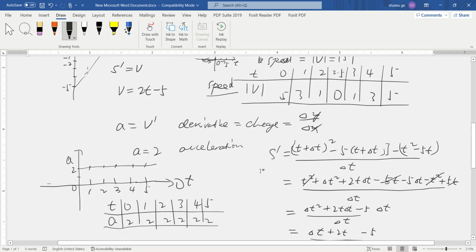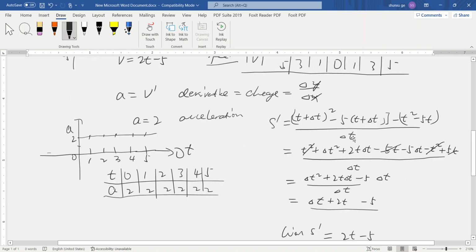Now we take the slope of s using the definition. We put delta t inside, and we get delta y divided by delta x. For the original function, we take t plus delta t squared minus 5 times t plus delta t, then minus the original part, t squared minus 5t.